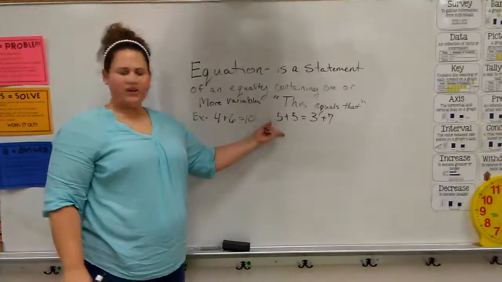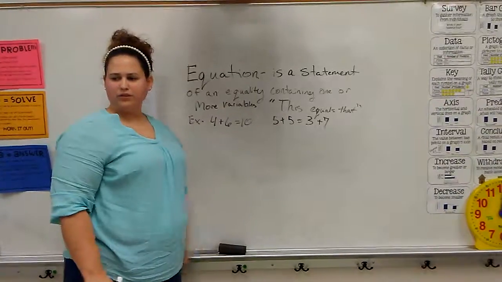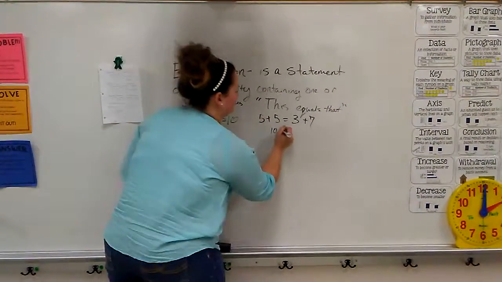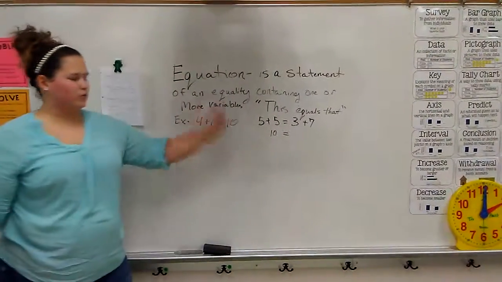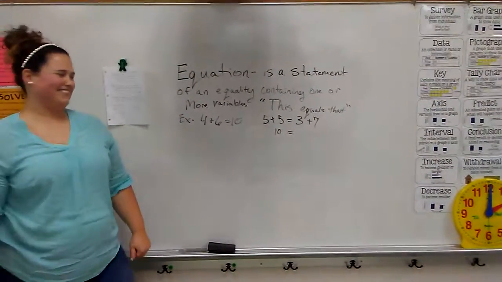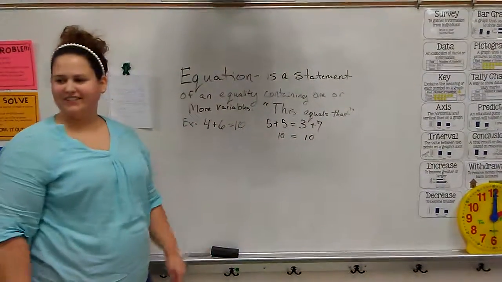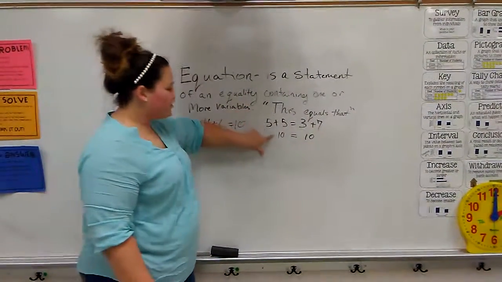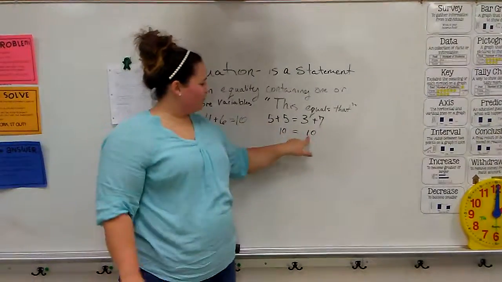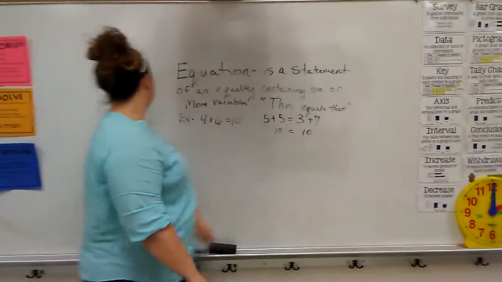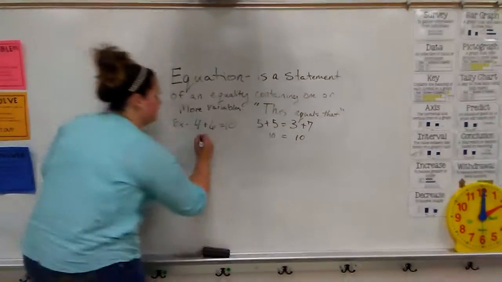This is just another equation. What does 5 plus 5 equal? Tiffany, that's right. Equals 10. Jessica, what does 3 plus 7 equal? Good job, 10. So, does 10 equal 10? It sure does. So this side equals that side, doesn't it? This equals that.